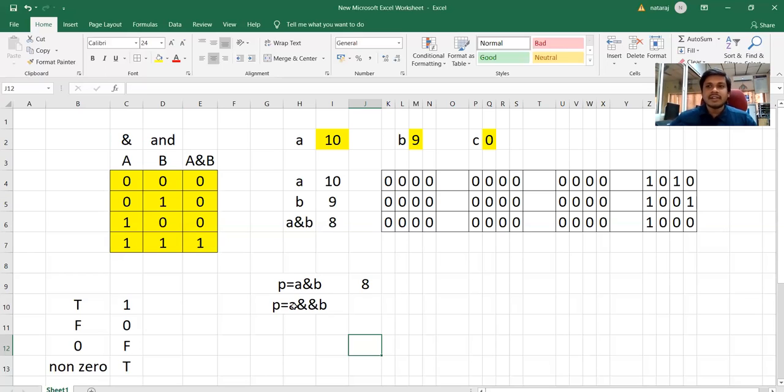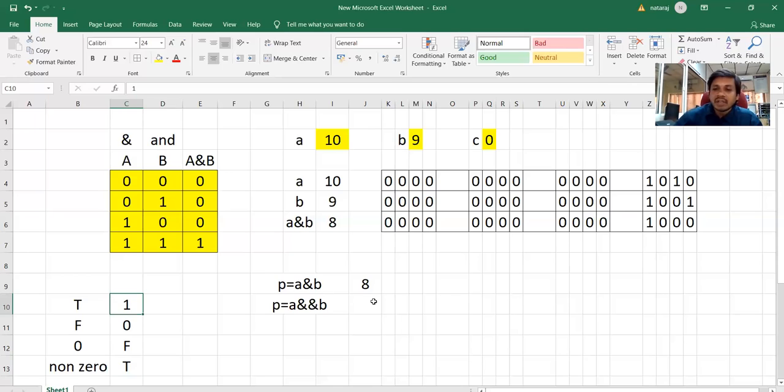So A is 10. 10 means non-zero. Non-zero means true. B is 9. 9 means non-zero. Non-zero means true. So true and true is true, and that true is being assigned to P. True means 1.